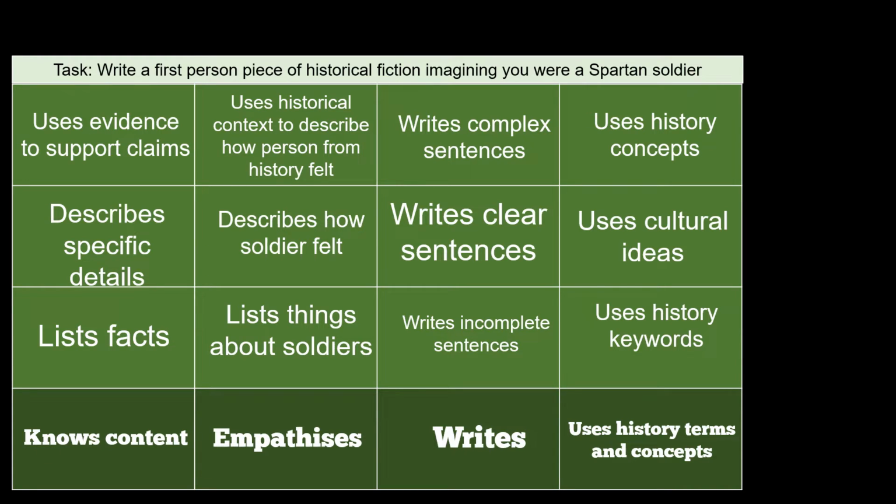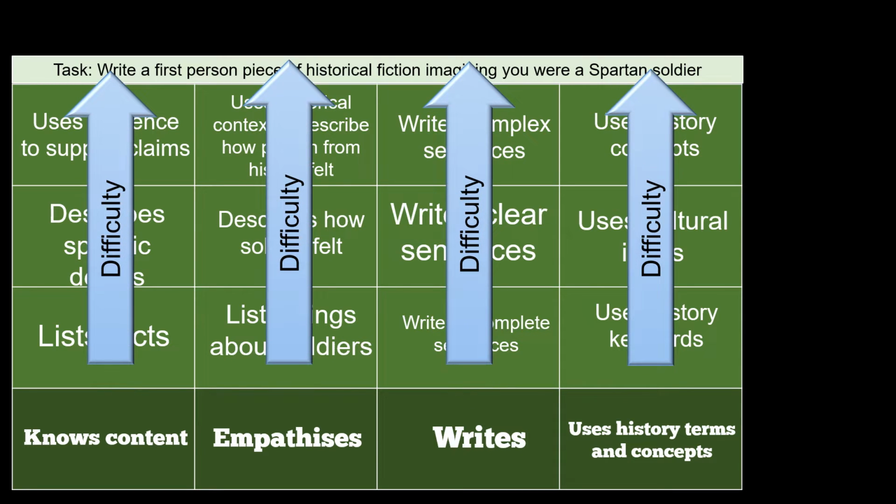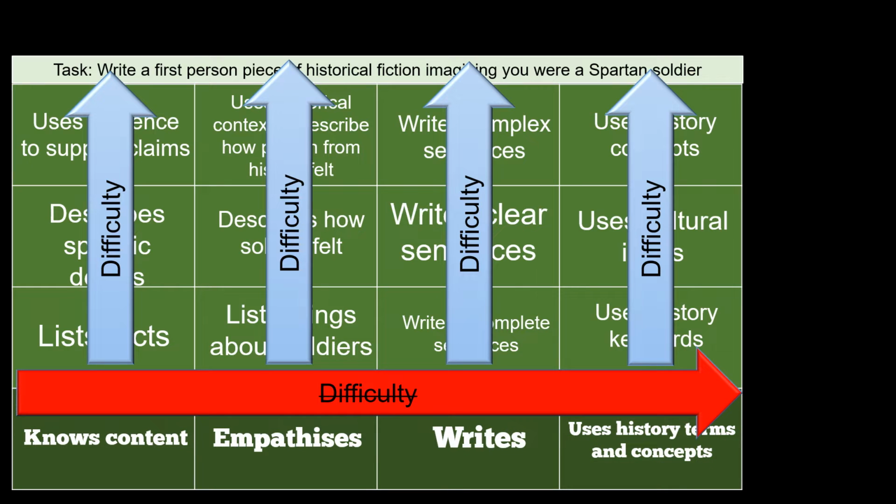Now, that is a very intuitive thing to assume. The design of the rubric implies that the first row are all the same difficulty and so on. But that's not actually true. We know that difficulty goes up within each column, within each skill, within each indicator, but we're not saying that difficulty is the same across.